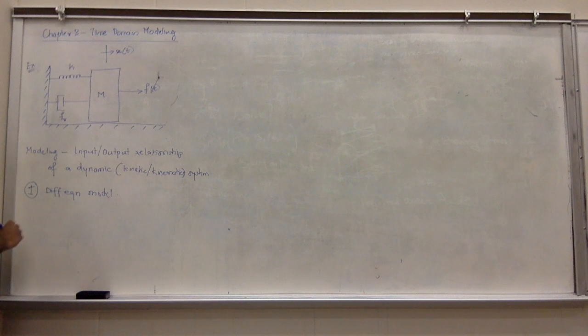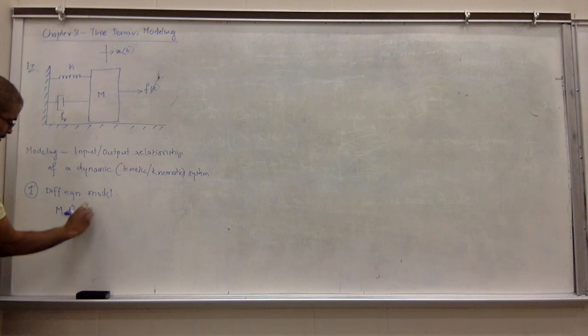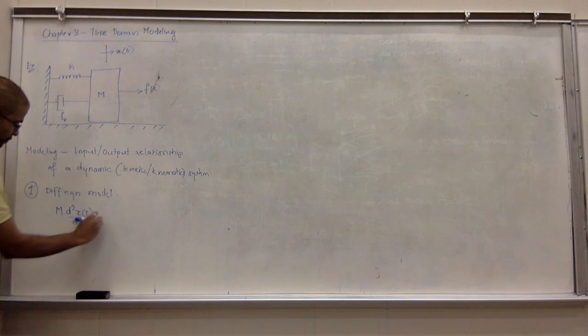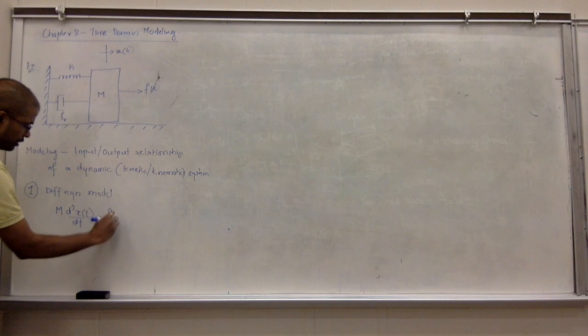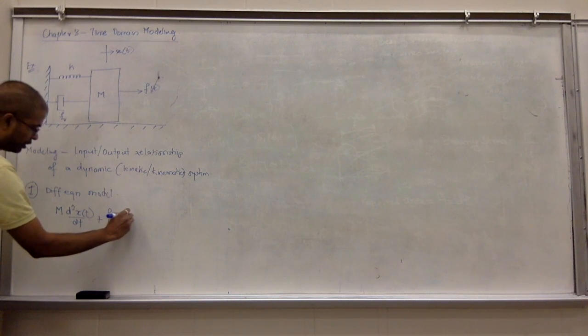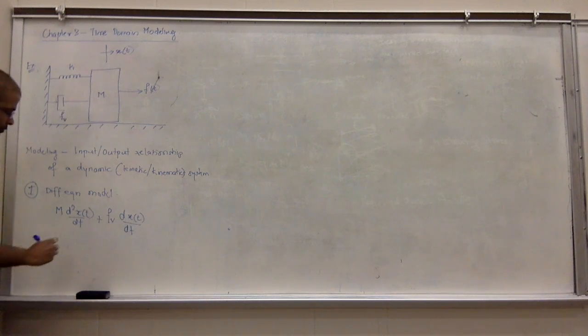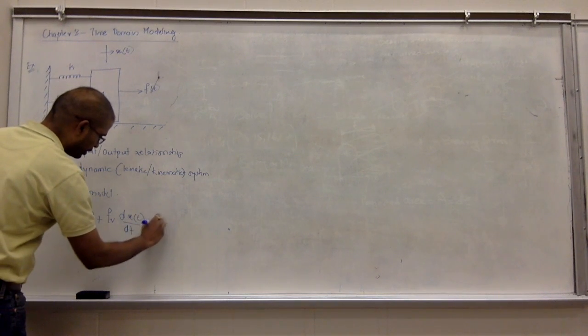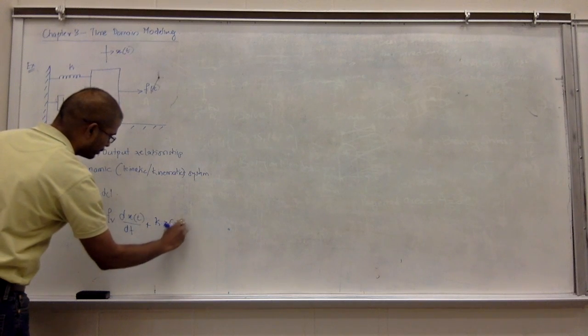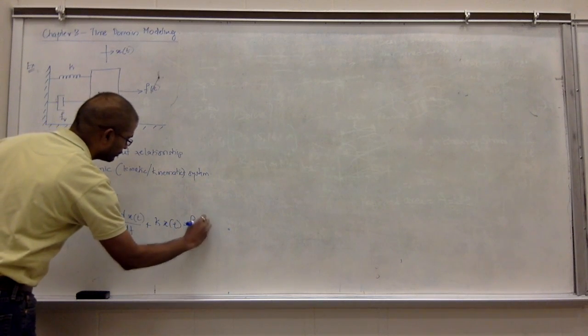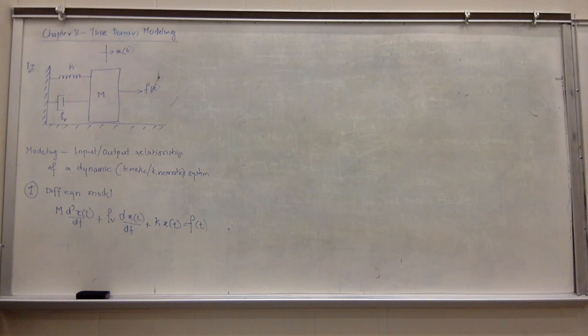So what was the differential equation model for this? It was m d squared x of t over dt squared plus f b dx of t over dt plus k x of t is equal to f of t. So this is a differential equation model.